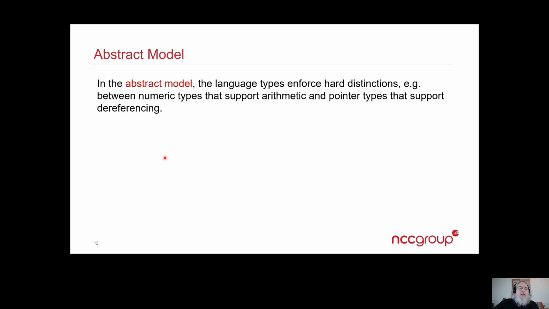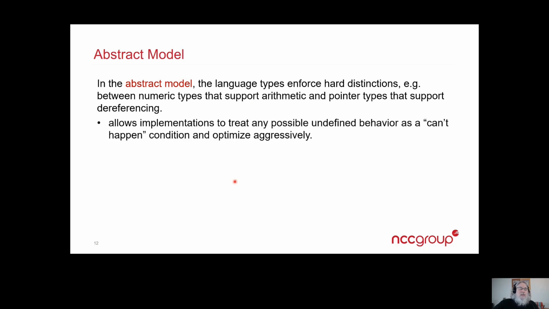The other model is the abstract model. In the abstract model, the language types enforce distinctions. There are distinctions between numeric types that support arithmetic, and pointer types that support dereferencing. This allows the implementation to treat any possible undefined behavior as a can't-happen condition and aggressively optimize your code.